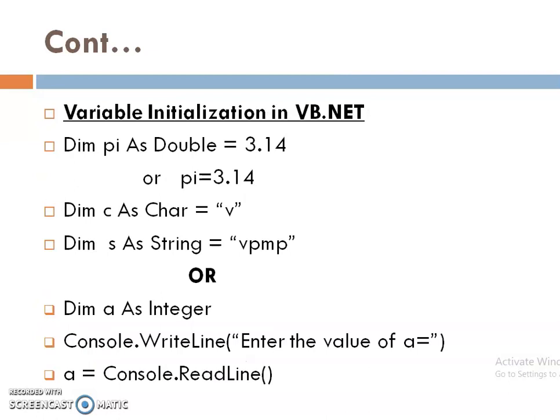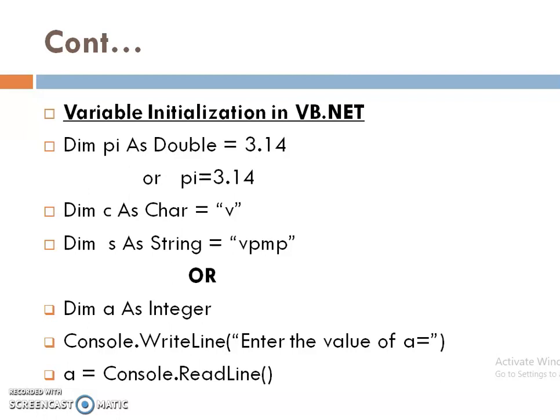Now, initialization of variables in VB.NET. We can initialize a variable value in two ways. First, we assign in a static way, and second, we assign in a dynamic way. Now we use the first way to assign a variable value in static form.